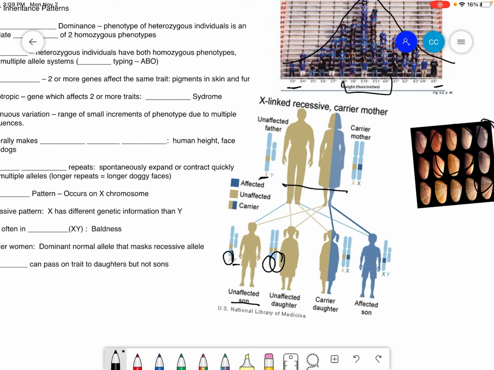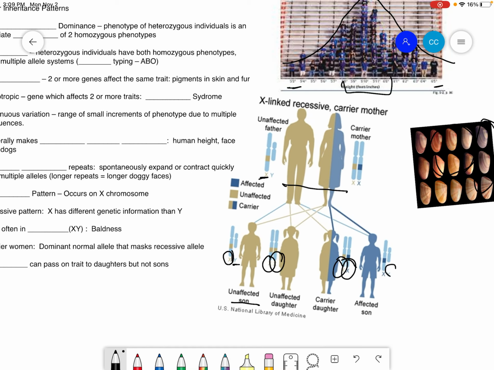You could have a carrier daughter if dad gives the normal X, but mom gives this recessive carried trait, which could be hemophilia, for example, or color blindness. And you could also, from this set of parents, have an affected son.